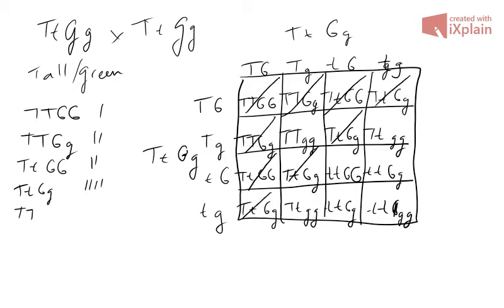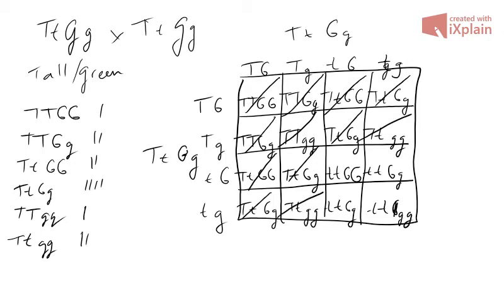Then we have big T, big T, little g, little g. And that we have one there. Big T, little t, little g, little g. We have one there and one there.